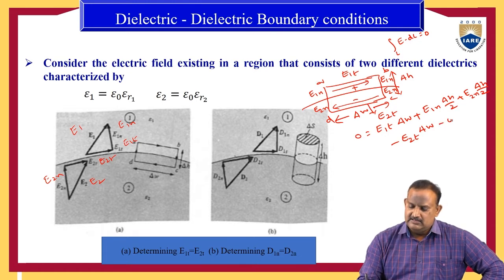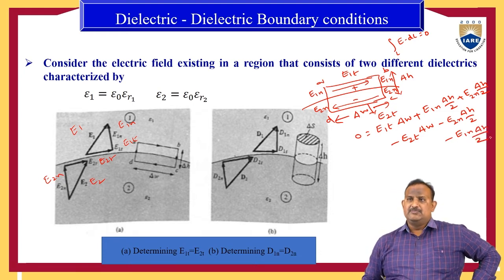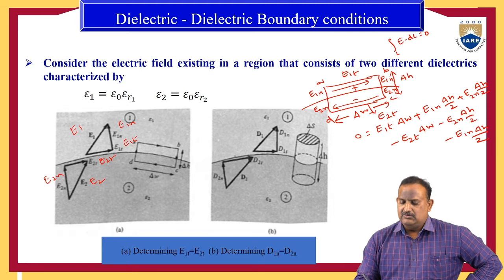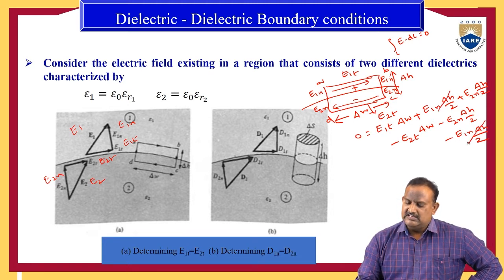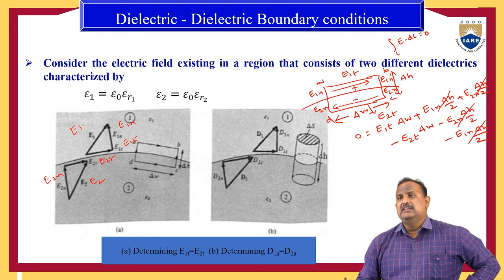Therefore, it is minus E2n into delta H by 2 minus E1n into delta H by 2. We can cancel the negative and positive terms: E1n into delta H by 2 and E2n into delta H by 2 cancel each other.